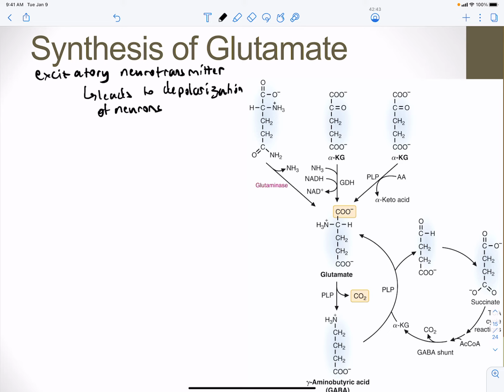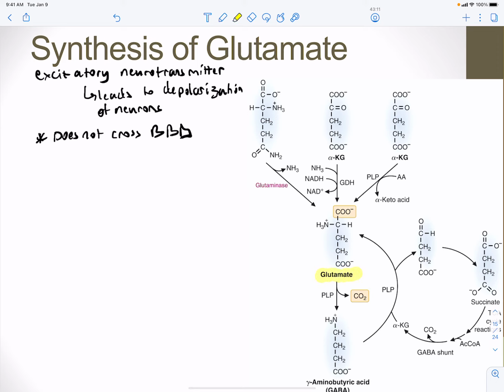It's going to be synthesized from glucose in neurons, and it does not cross the blood-brain barrier. It's going to also be synthesized from alpha-ketoglutarate via transamination or glutamate dehydrogenase. So there are several ways you can get to glutamate.